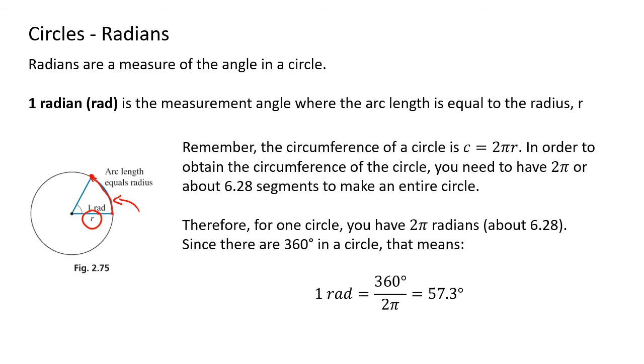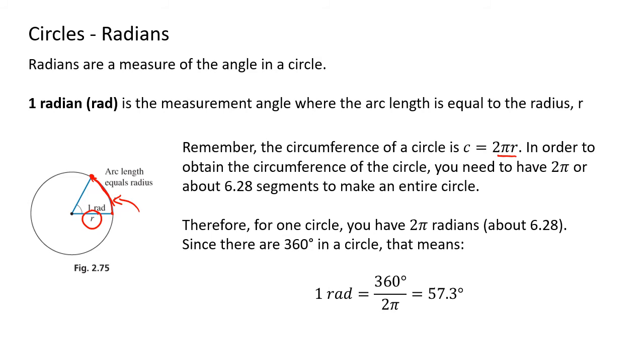But in the meantime, if we want to talk about how many radians there are in a circle, remember your circumference is equal to 2 times pi times the radius. Remember, a radian is where that arc length equals the radius.